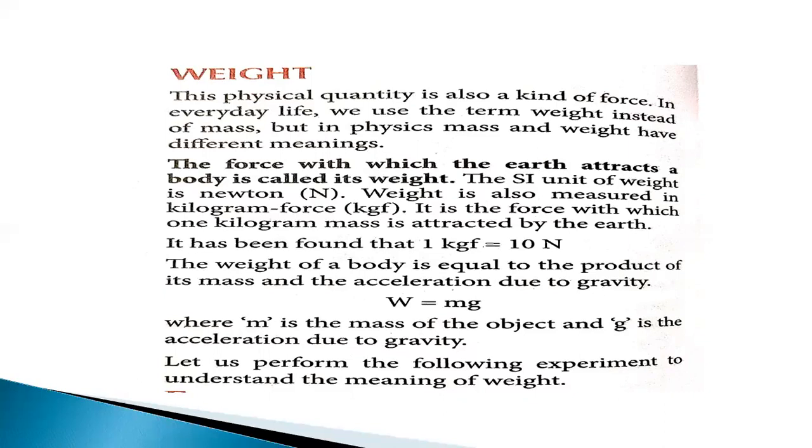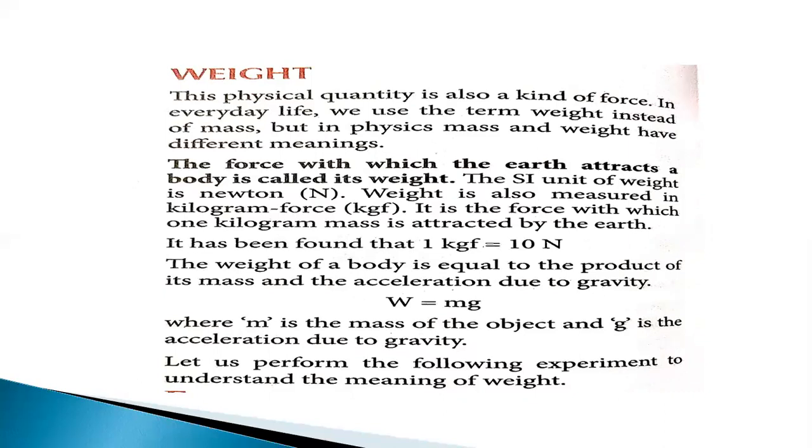From our previous concepts, we know mass is the amount of matter contained in a body. But weight is the force with which the earth attracts a body. Mass is a constant quantity for a body irrespective of its position and surroundings.